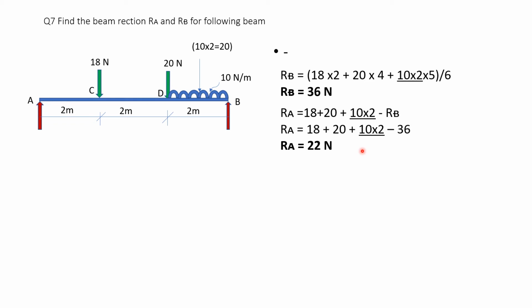Take the calculators in your hand. 18 plus 20 plus 10 into 2 minus 36 is equal to, you will get the answer 22. So write it, show the answers. RA is equal to 22 and RB is equal to 36.